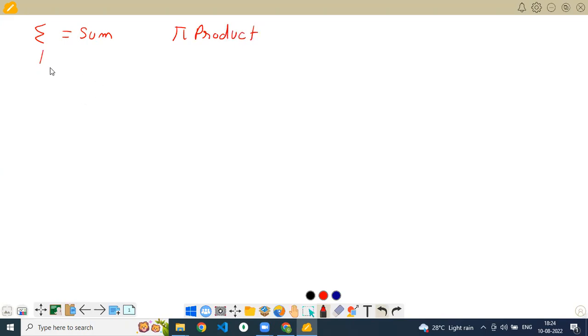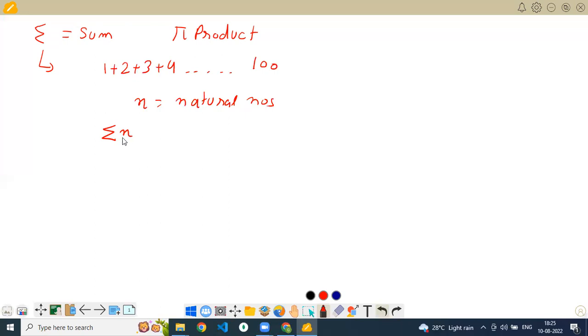So what happens is, if you have to add a large number of expressions or numbers, and if there is some symmetricity, for example, if I want to add 1 plus 2 plus 3, all natural numbers up to 100, you know that we can say N stands for natural numbers. Then we can replace this with summation of n.